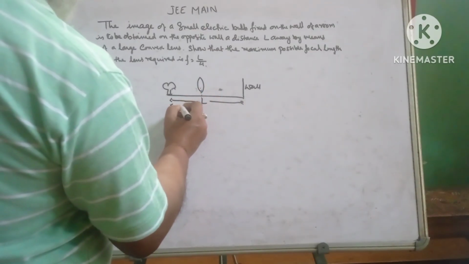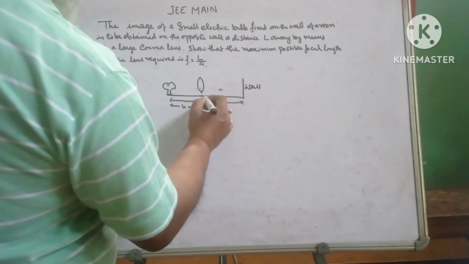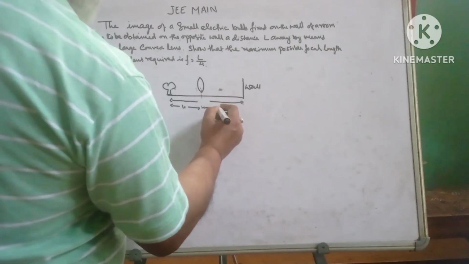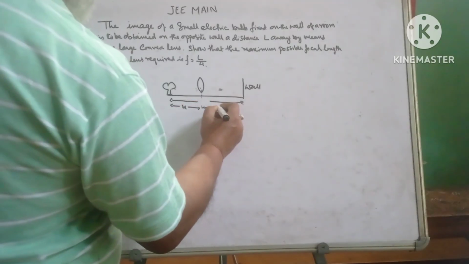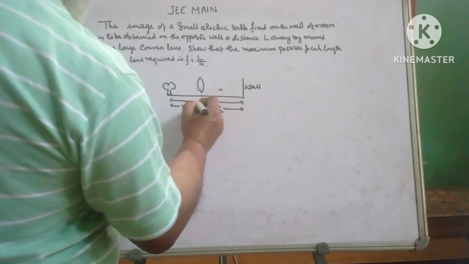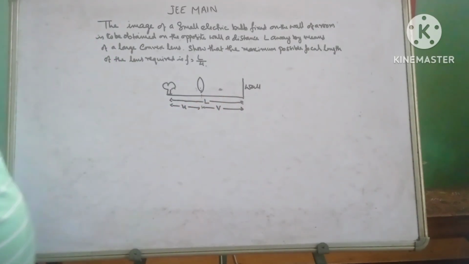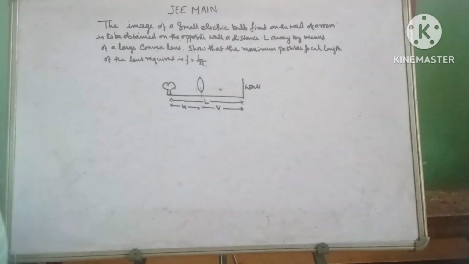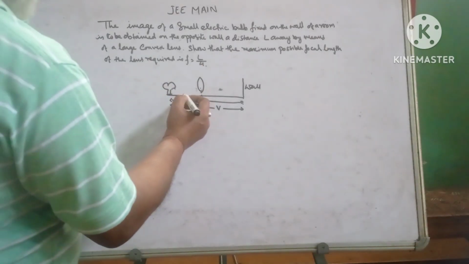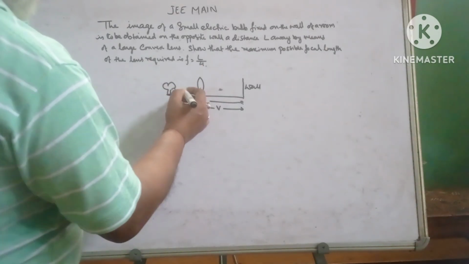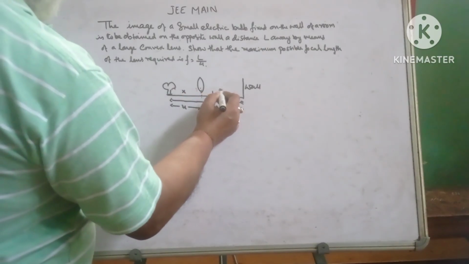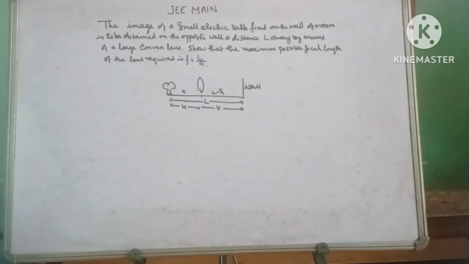This distance is your u, and this distance is your v, and the distance between them is L. Let us consider this distance x, so the other will be L minus x.